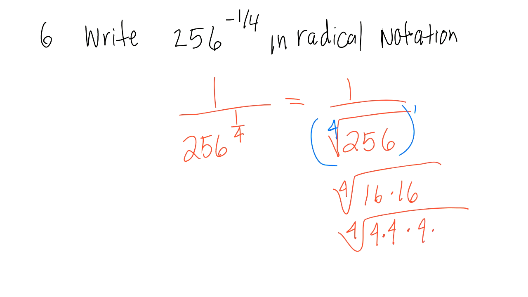I don't have to keep on going because I need 4 of the same number, and I have 4 of them. Then I just cross it out and get 4. Now the numerator stays 1, and this 4 is in my denominator. So my answer is 1 over 4, or 1/4.